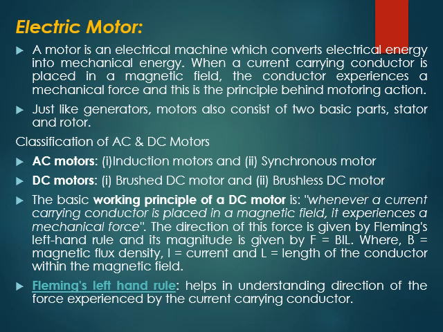So again, when you look at the principle of DC motor, when a current carrying conductor is placed in magnetic field, it experiences a mechanical force or there is a torque produced in that particular conductor. So the direction of the force is given by Fleming's left hand rule, and its magnitude is given by F = BIL, where B represents the magnetic flux density, I is the current, and L is the length of the conductor.